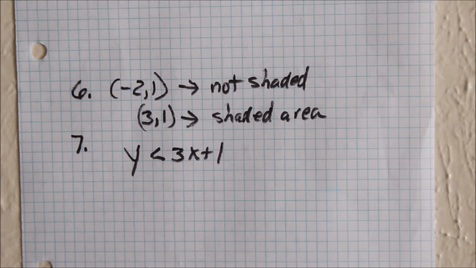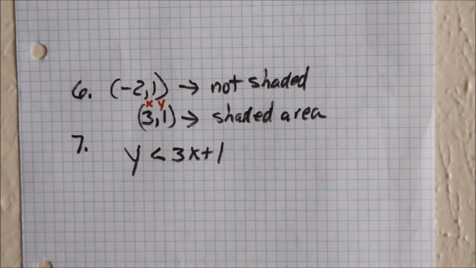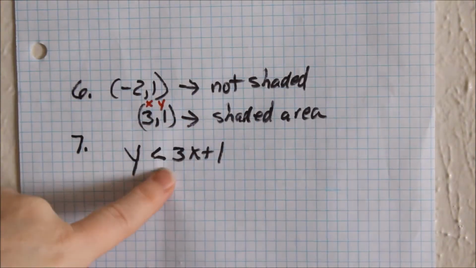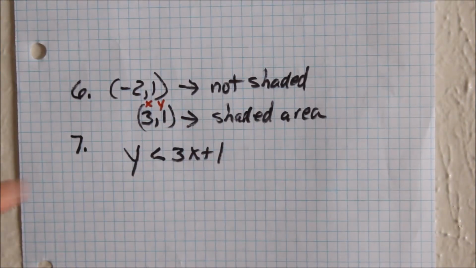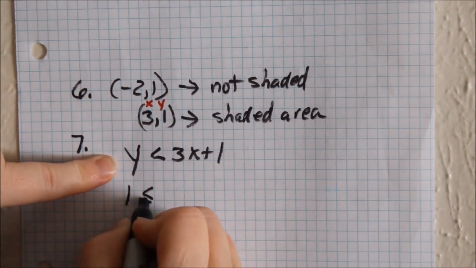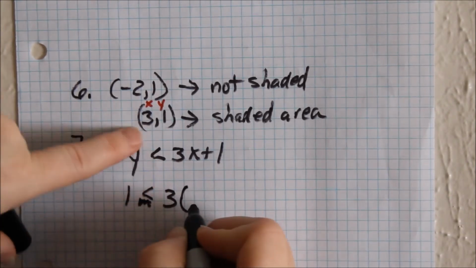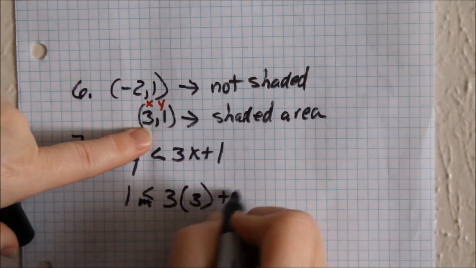So I'm going to take my point from the shaded area. Remember, when you have a point, that is an x and a y value. So I can take my x and y value and plug them back into the equation that they give me. My y value is 1, less than 3 times my x value, 3, plus 1.